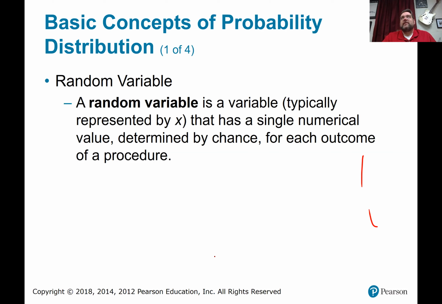So our random variable might be the number of heads we get when we flip a coin twice. That means it could be 0 because you might not get any heads, it could also be 1 because you could get 1 head, or it could be 2 because you could get 2 heads. In that example, the random variable would be 0, 1, or 2.